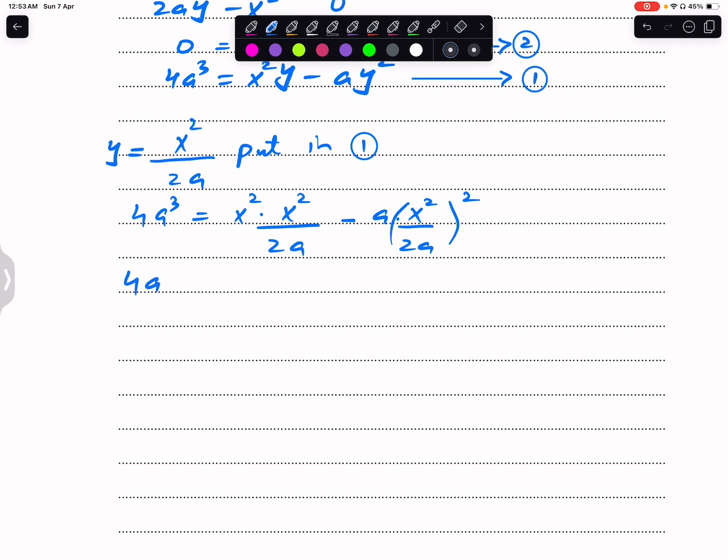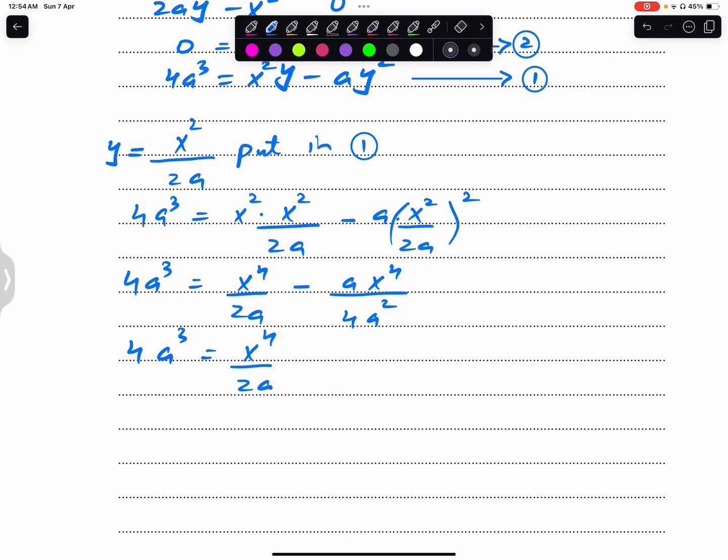You will have 4a cube is equal to x4 over 2a minus ax4 over 4a square, and then 4a cube is equal to x4 over 2a minus x4 over 4a. And then if you take common x4 over 2a, students, take the maximum things common which you can see in the expression.